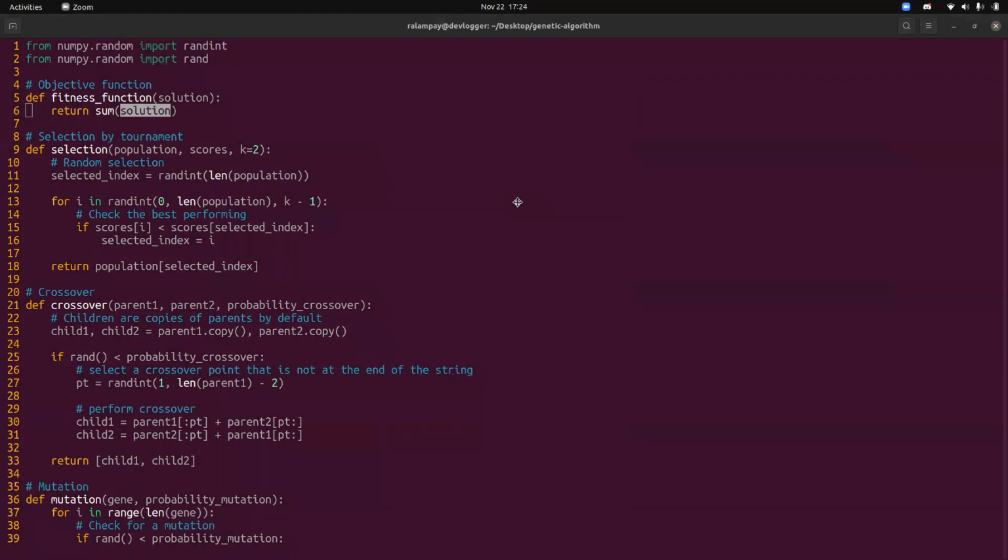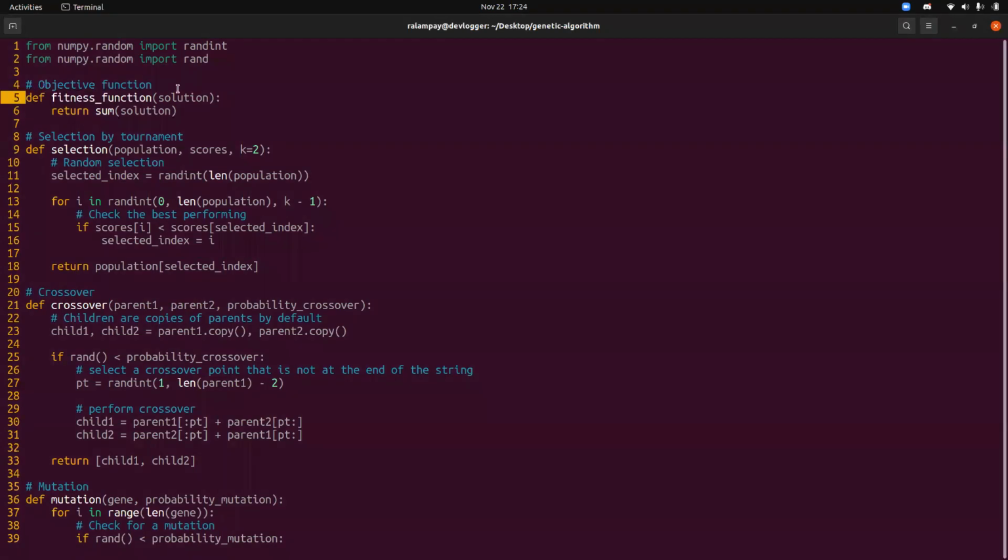Question, sir. Is the fitness function itself the one that filters out, or is it just the function that evaluates the score of a certain chromosome? Okay, so if you take a look at the signature of it, part of the parameter of the function is the solution, which is our chromosome. So at the very least, the input of the function is the solution.